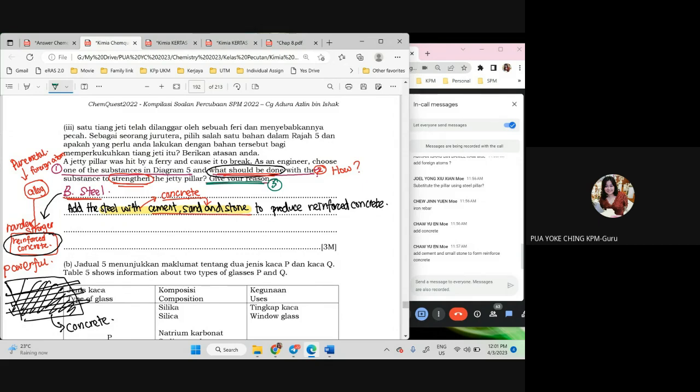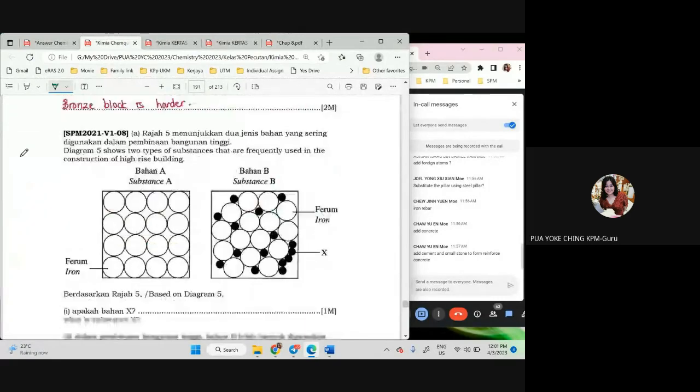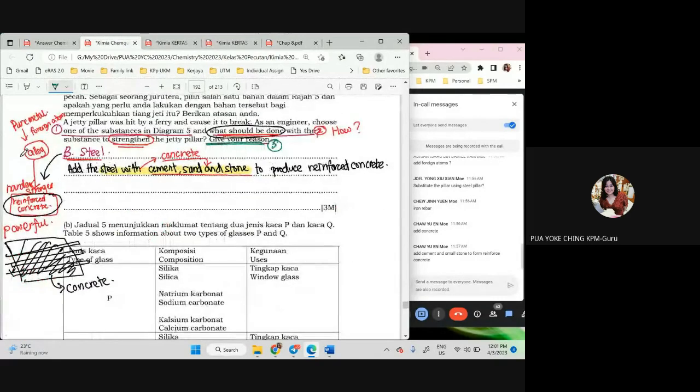Just hold on and I'll check something else. There is something I want to double check. This is question number 8. So soalan ini susah juga nak score sebab dia memang susah. It's not a normal questions lah.